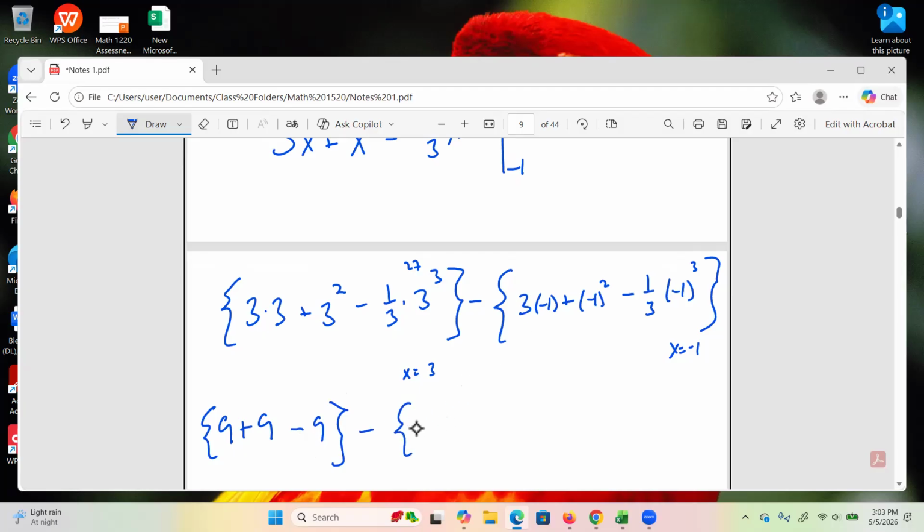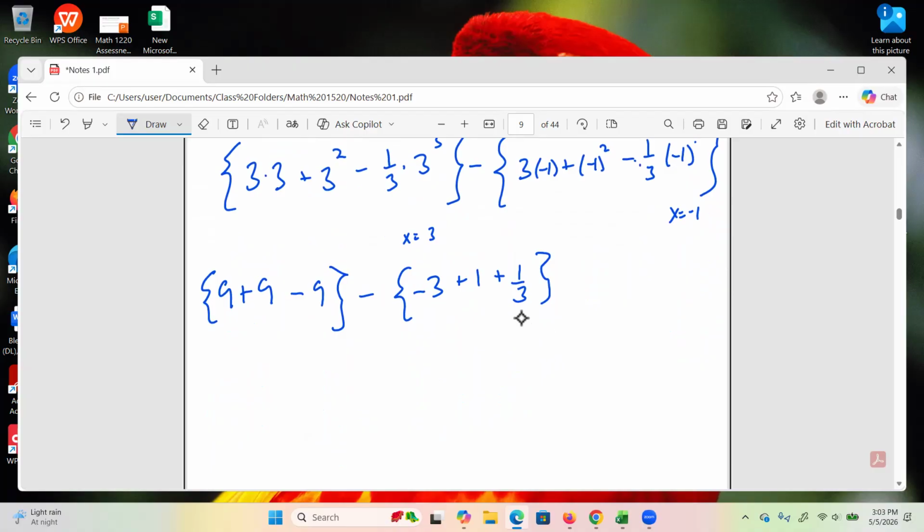Okay, then we're going to say we have 3 times -1, which is -3, -1 squared, so add 1, and then we have 1, 2, 3, 4 negative signs. We have plus 1/3 here, right? Negative times -1 cubed, that's going to be -1 times this -1 over here. So we have our whole little piece here. And this again is x equals -1. This was x is equal to 3.